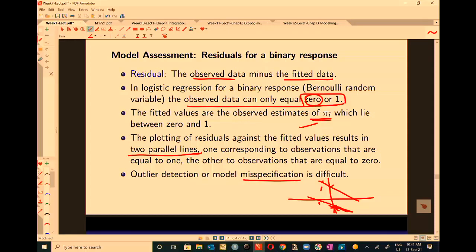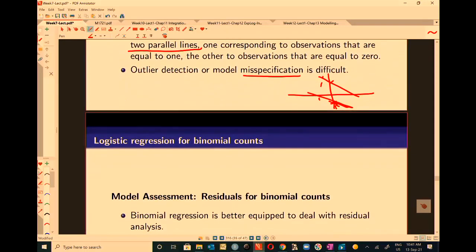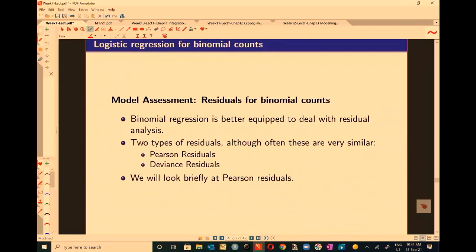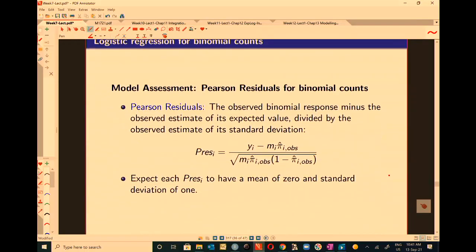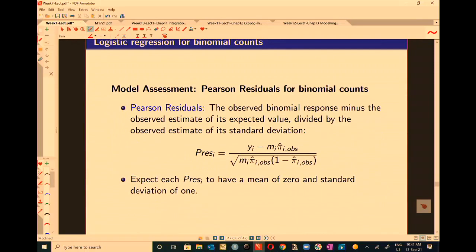So, the usual idea is what we call the Pearson residuals, the deviance residuals. And the Pearson is what's commonly used. It's the observed minus the expected.